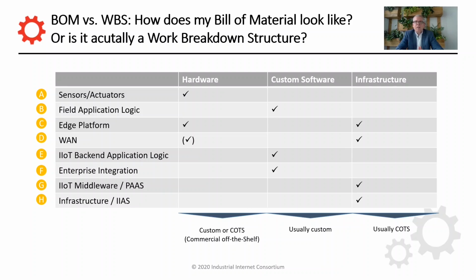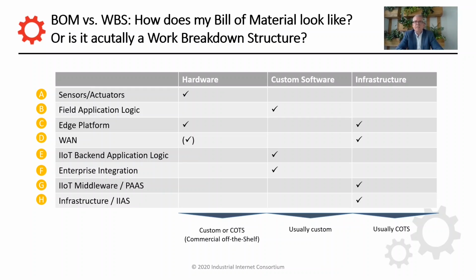So typically we have hardware elements, we have custom software, and we have infrastructure. So your sensors and actuators clearly are hardware, your field application logic, your backend logic, and the enterprise application integration is custom software, and then the rest is more infrastructure that you're acquiring.